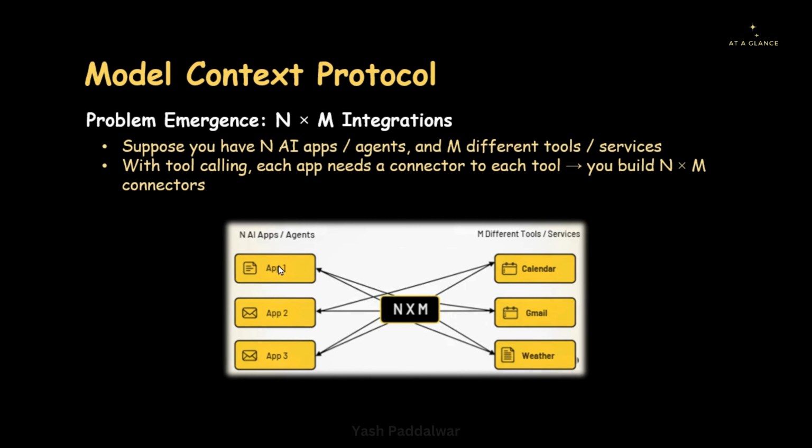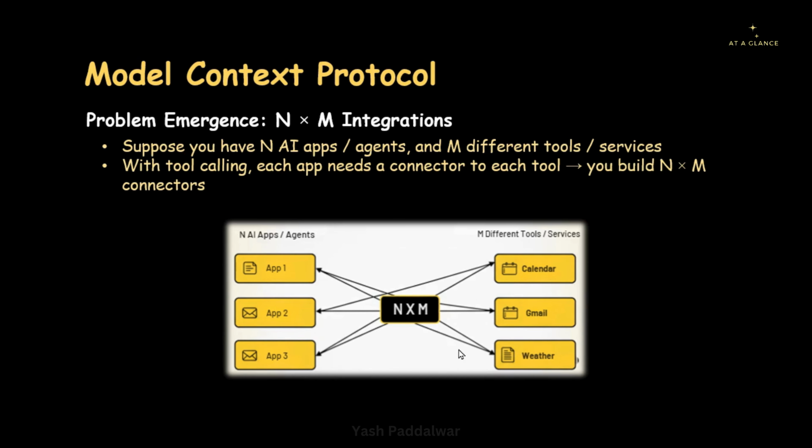So in app 1, in the client code, you will be adding the function calling. You'll be defining the functions for calling the calendar API or the Gmail API. We'll be writing the functions and defining them inside the client code. Now in app 2, let's say you require calendar and weather. So in app 2 you define a function for calendar and a function for weather.